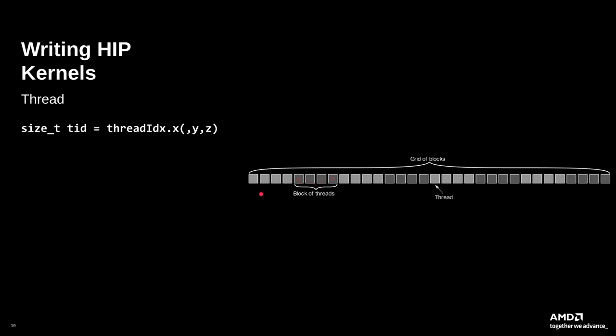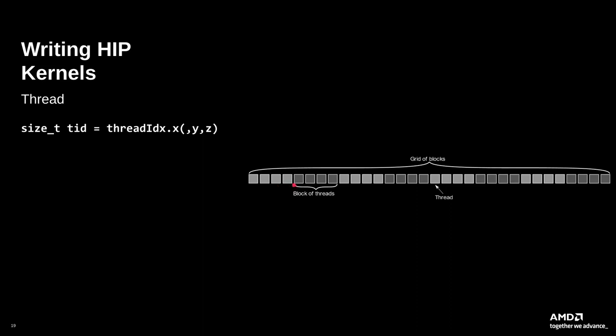The way you access an identifier for a thread is by its block ID, so which block it belongs to in the grid, and then its local thread ID within that block.